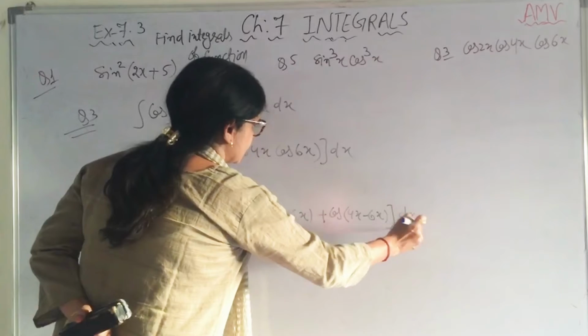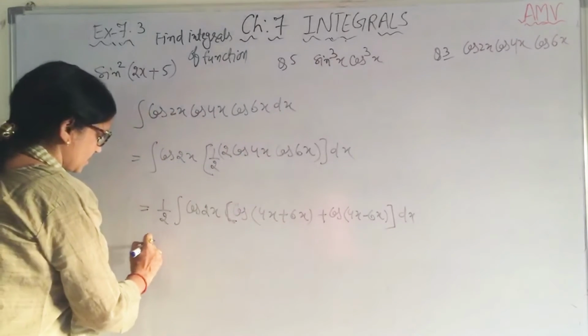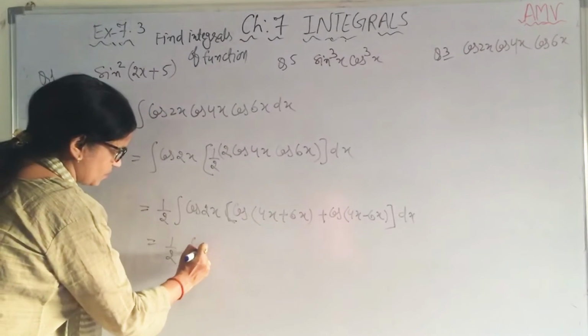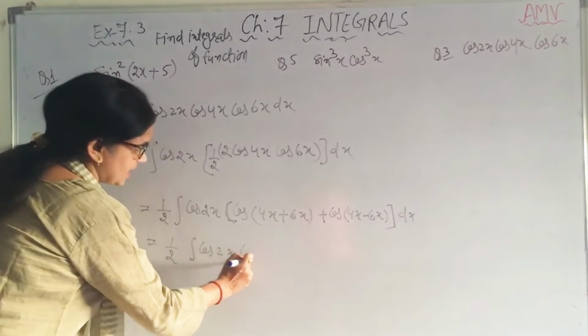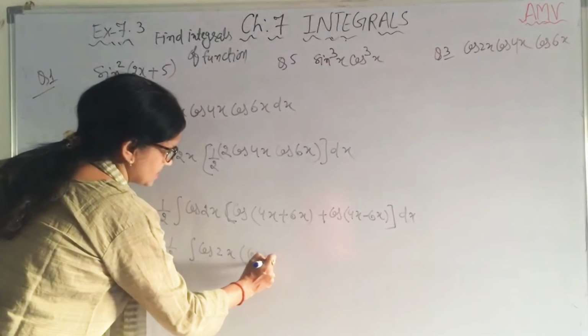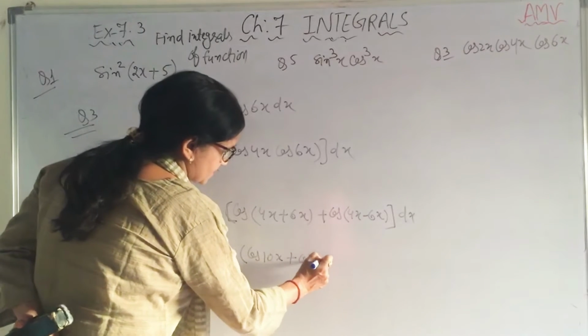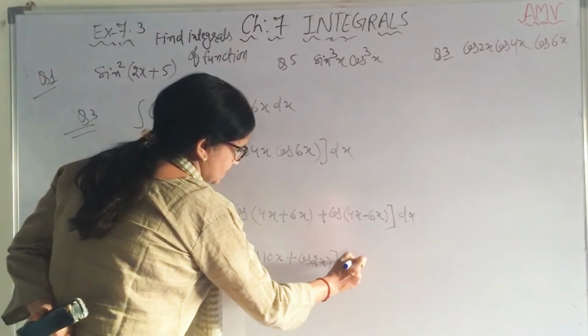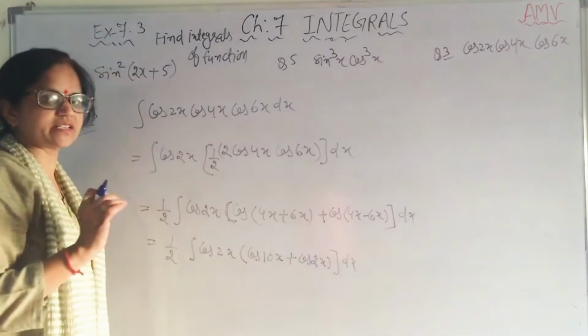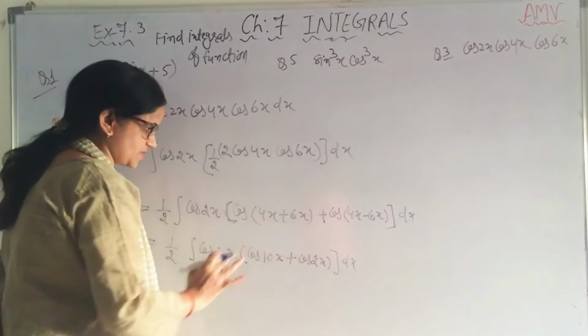It's dx. Solve it. It is 1 by 2 cos 2x, and here you will get cos 10x plus cos 2x dx. You will get cos minus 2x, cos minus theta is cos theta only.